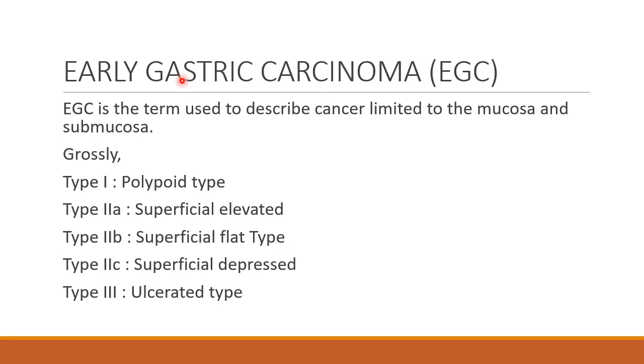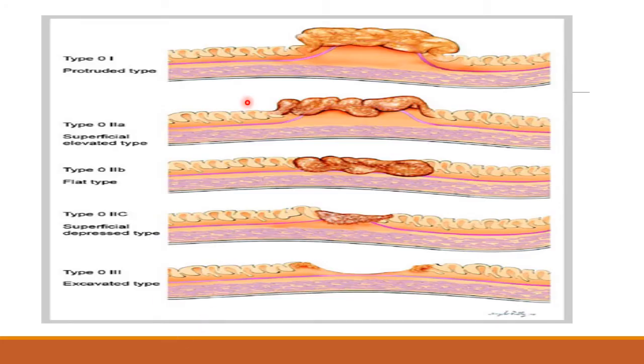So let's see what is early gastric carcinoma. Early gastric carcinoma is cancer that is limited to the mucosa and submucosa. Grossly it is of 5 types: polypoid type, superficial elevated, flat type, superficial depressed, and excavated or ulcerated type. So this is the gross picture. First is the polypoid type, so it protrudes into the lumen.